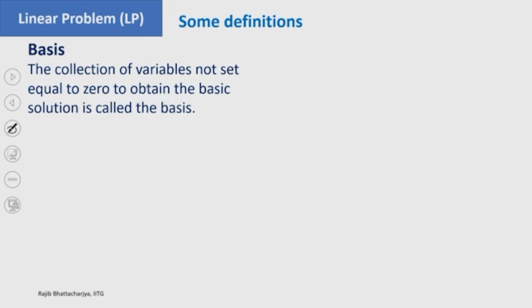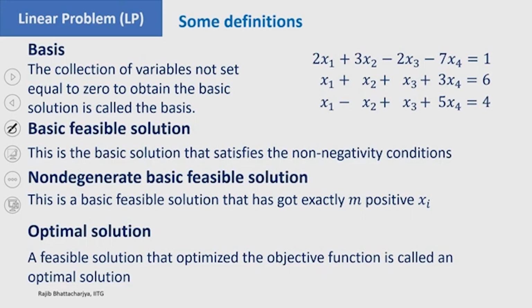The collection of variables not set equal to 0. In this example problem, x1, x2 and x3 are not set equal to 0, so I am not considering them as 0.